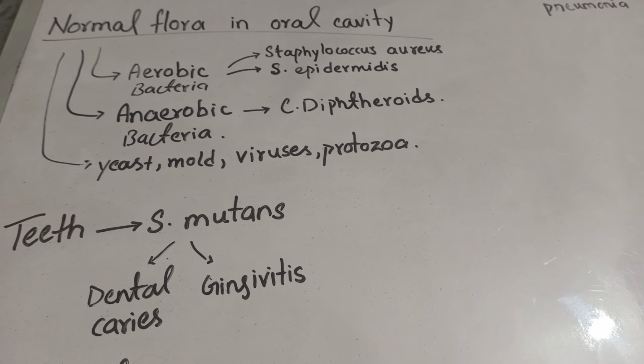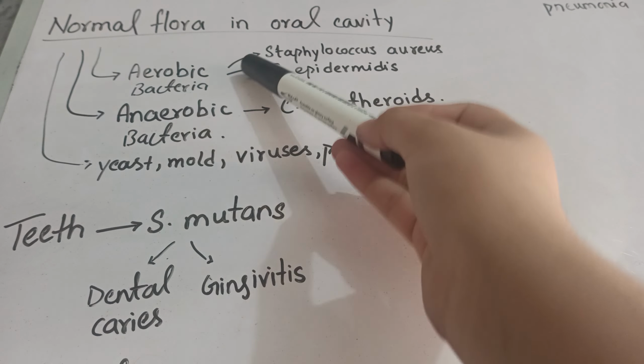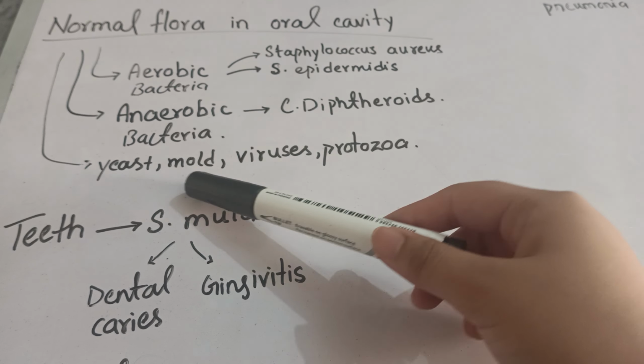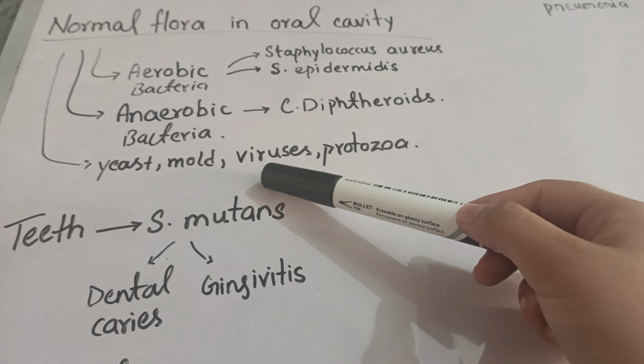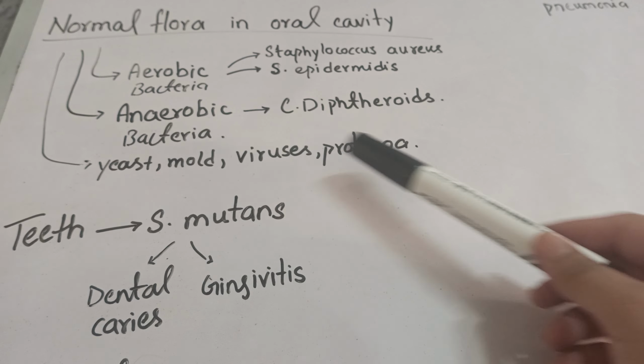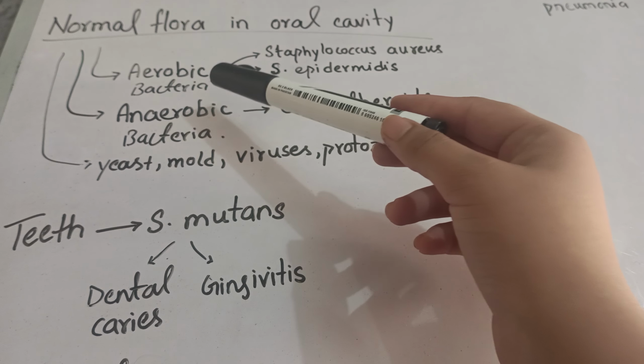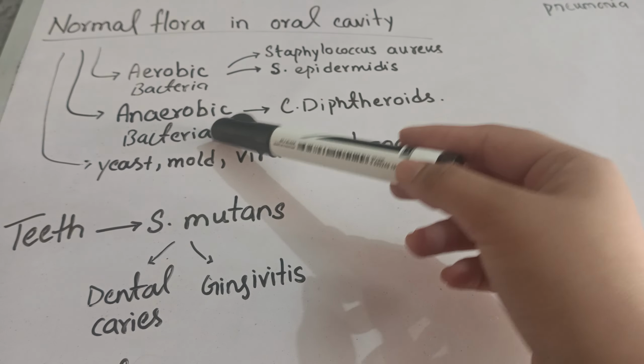So now let's discuss the normal flora which are present in your oral cavity and in your mouth. Mostly there are bacteria, but it can also contain yeast, more like fungi, and some viruses and protozoa are also present. The bacteria are of two types here, aerobic bacteria and anaerobic bacteria.